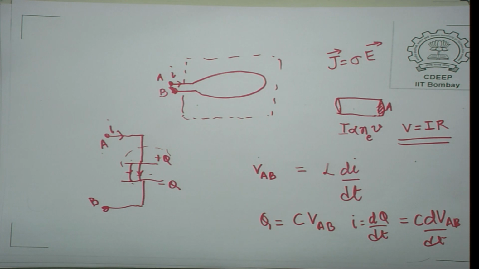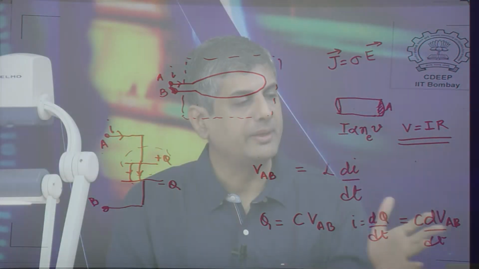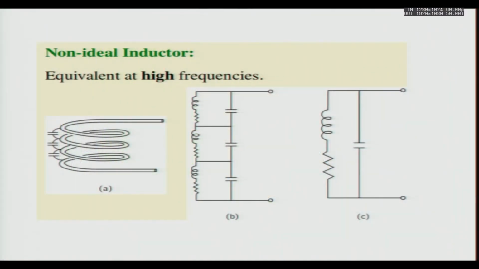So, these are effectively the three elements which we have discussed, and what we saw in a non-ideal inductor was that a real-life inductor can be modeled as an RLC element. Last time we found that at low frequencies, if you apply a sinusoidal voltage across the inductor, then the steady state current is lagging the voltage.